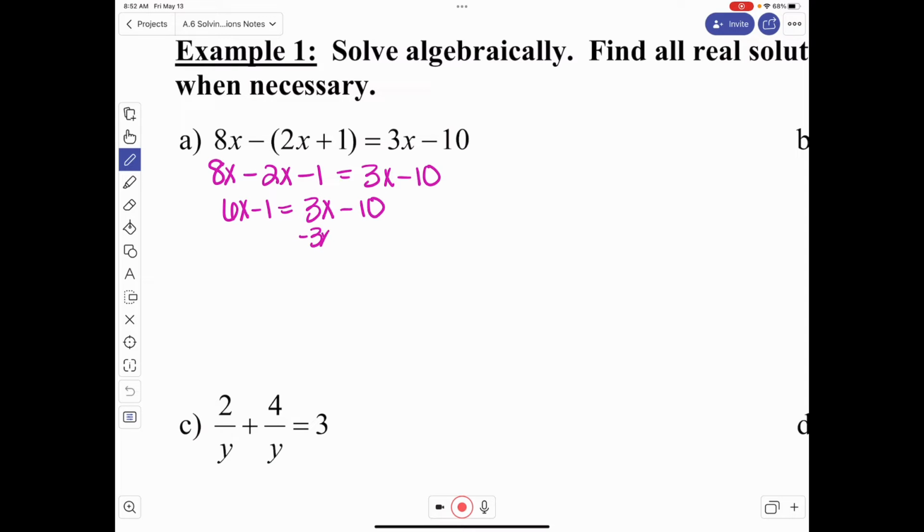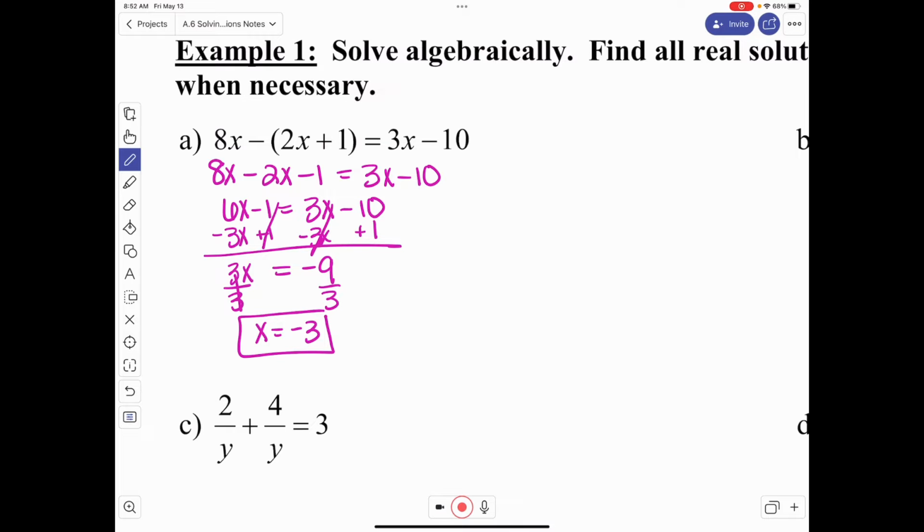Then I'm going to move my 3x over here. 6x minus 3x is 3x. And then I'm going to move my 1 over here. So that's going to give me a negative 9. And then I'll divide by 3. So x is going to equal negative 3.